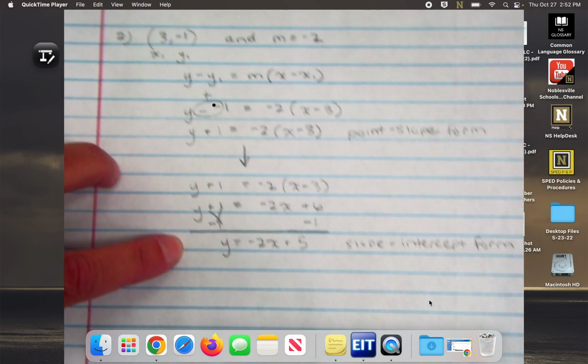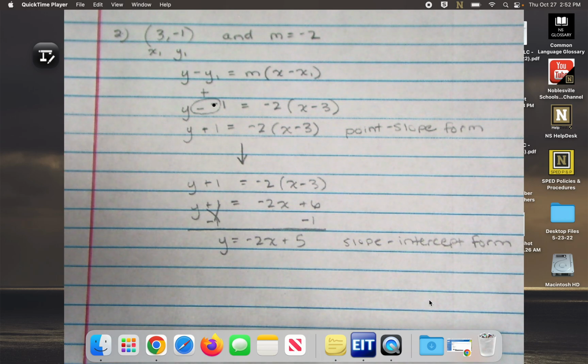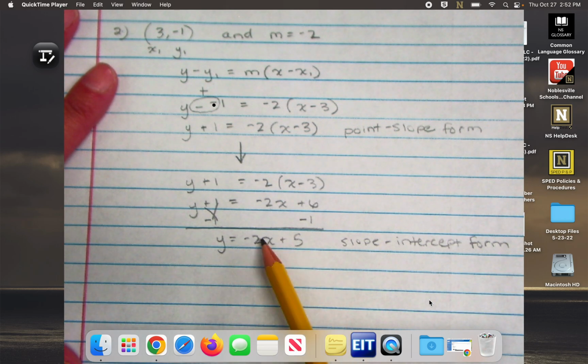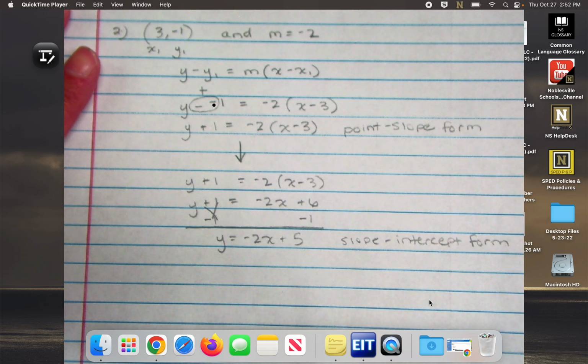So then I could take this and graph it, and I'll have my y-intercept showing. My slope will be really easy to see. I won't be guessing about where things are going to end up.